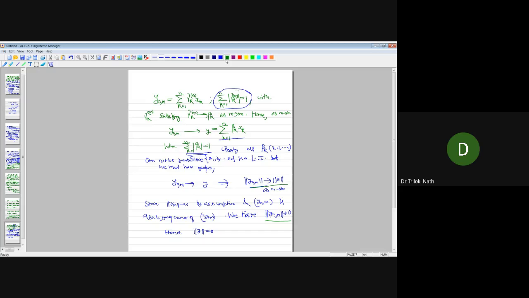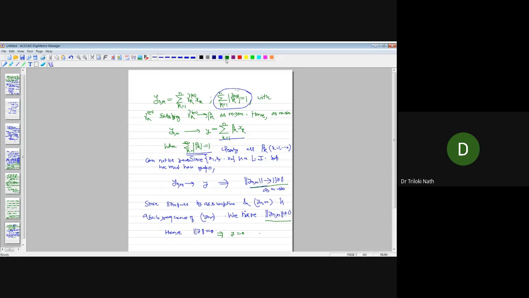Limits cannot be different. If you have a convergent sequence, the limits cannot be different. Here you have norm y, here you have 0. So hence norm y is 0. And because it's a norm, this implies that y is equal to 0.